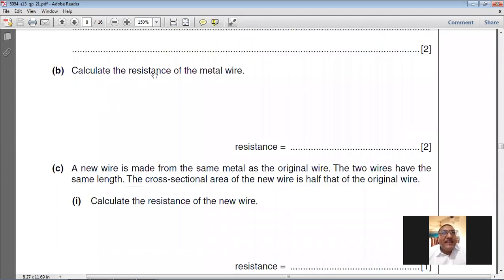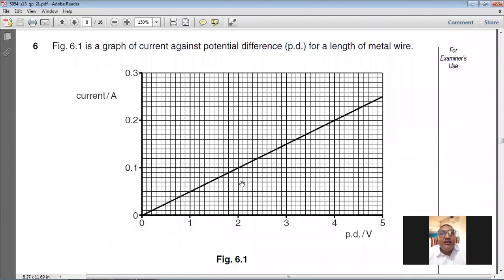The next question is: calculate the resistance of the metal wire. The resistance of the metal wire we can find. You can choose any point here, or you can find the slope of this graph. Let's say I take this point. This point is 0, 0. Let's say I take this point. It is 4, 0.2. And let's apply the formula of the slope: y2 minus y1 divided by x2 minus x1. You must have learned this in your mathematics.